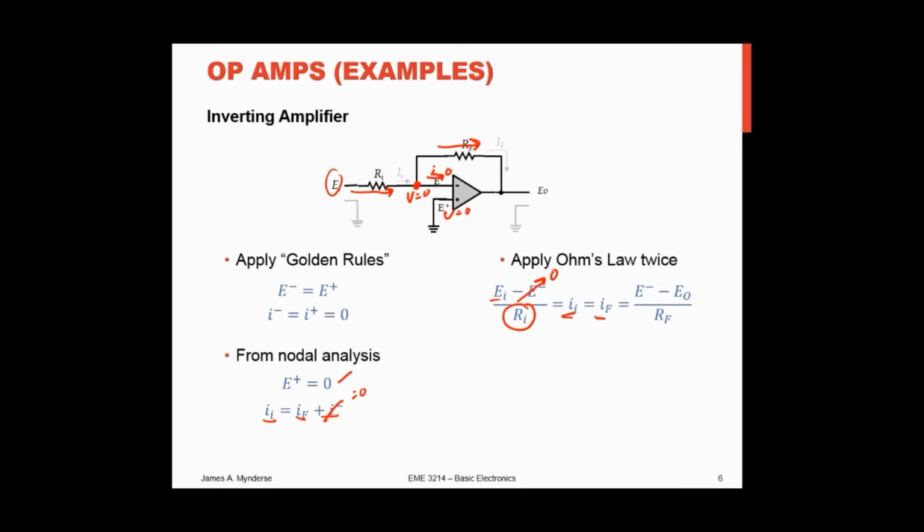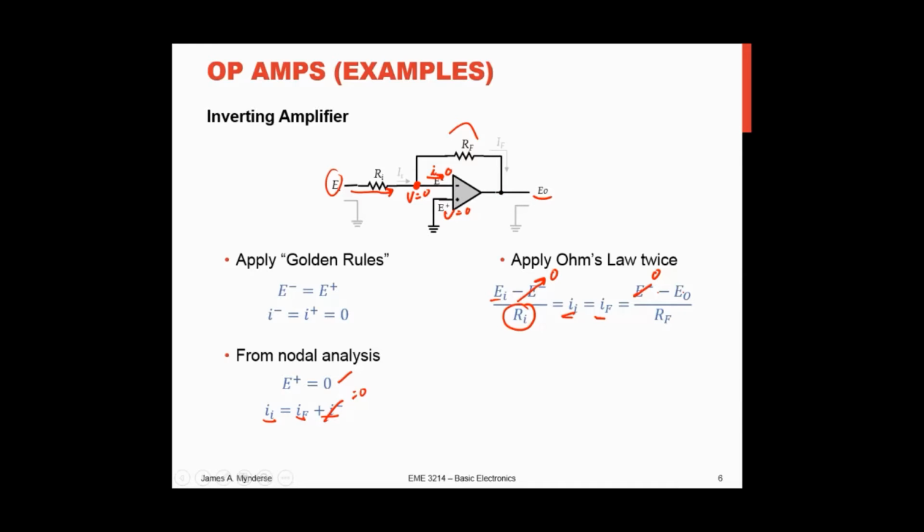applying Ohm's law, E minus, which is the voltage here at the minus terminal, which again we know equals 0, minus E output, our output voltage, divided by the value of this feedback resistor RF, so it's just Ohm's law applied across that resistor.